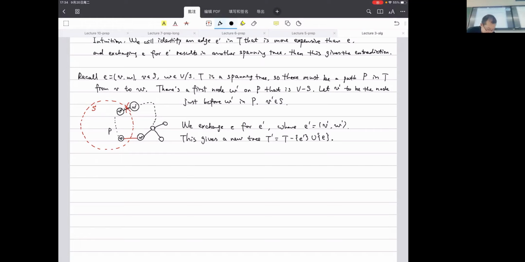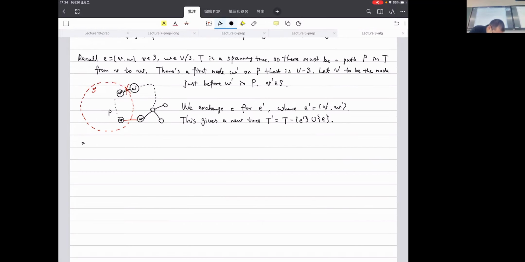So let's see the property of this tree T prime here. We notice that T prime is connected, because the switch does not influence the connectivity.